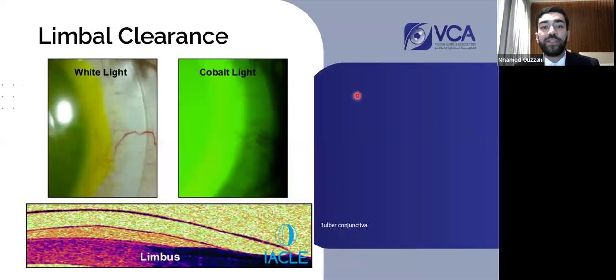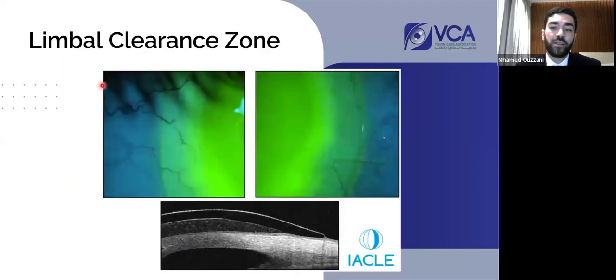Of course, we don't want to touch the limbus, where we have a lot of tissue or highly sensitive cells. So we have to have a clearance on the limbus, and the lens has to settle only on the sclera.